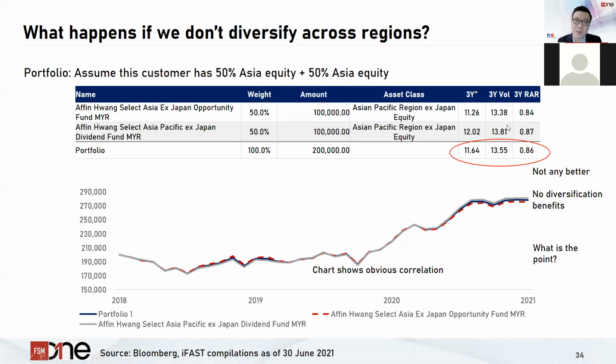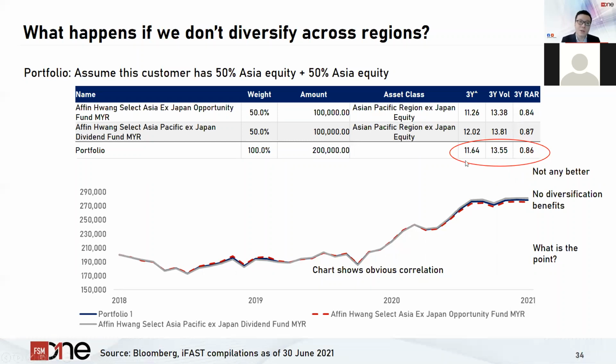Both are Asian equities. Their statistics are also similar. You see the 3-year annualized return, and the vol are similar. But when you put them together, there's no diversification benefit. You don't get lower volatility. It's still 13.55, right? Compared to the previous example, where you get lower volatility in your portfolio. Why is this?